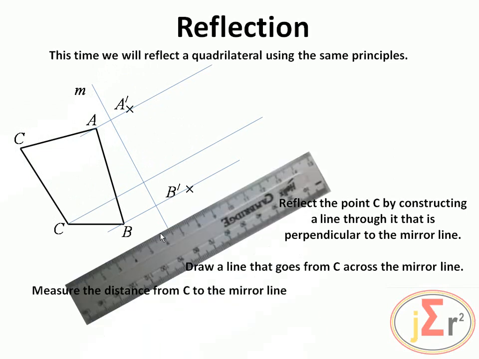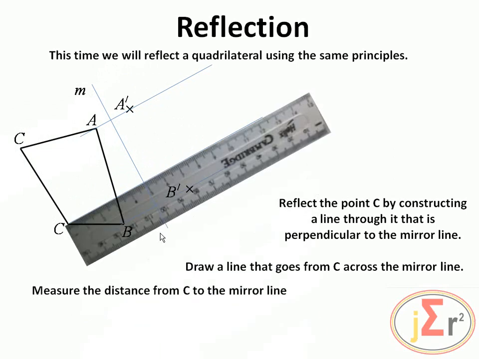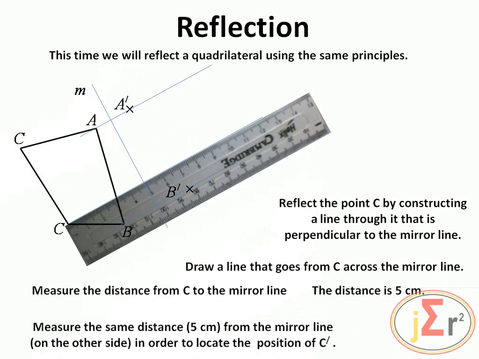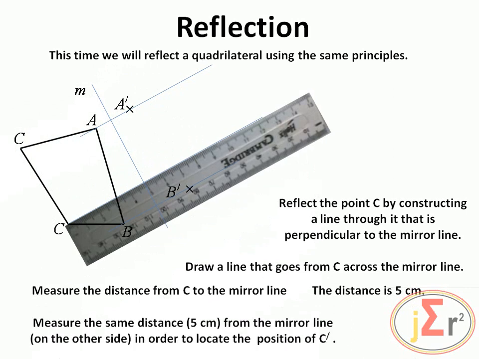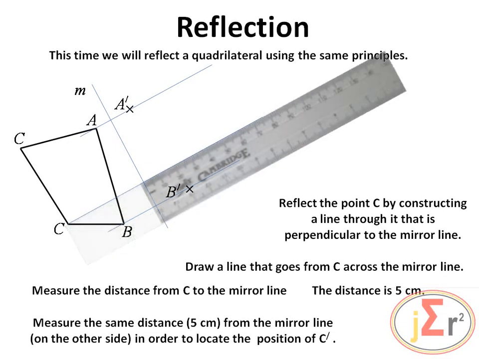So let us measure the distance from C to the mirror line. That's about 5 centimeters. And of course, we need to measure 5 centimeters on the other side from the mirror line, and we will locate the image of C, which is C prime.